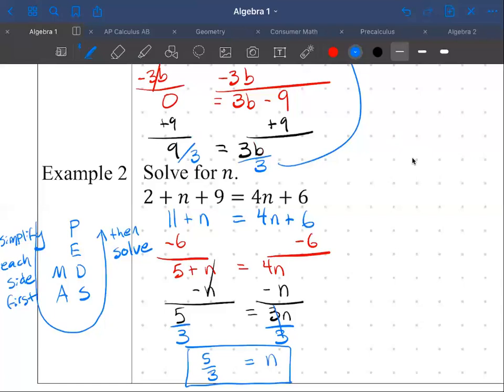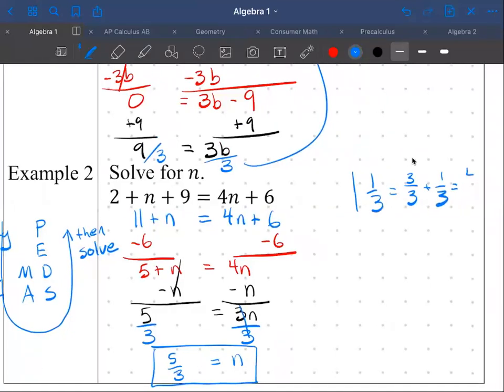The answer was like 1 1/3. I think you have to be careful there because if you do 1 1 1/3, that's the same thing as 1 1/3, which is 4/3. So I think this number has to be a 2. Does that make that a 2 and therefore that a 5?